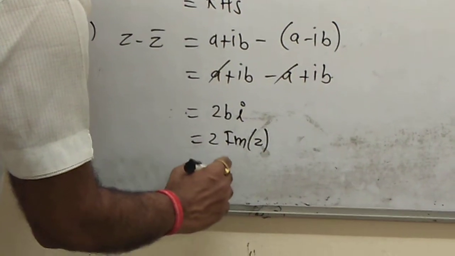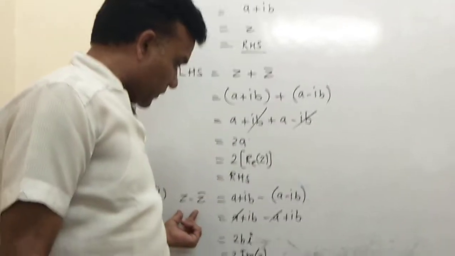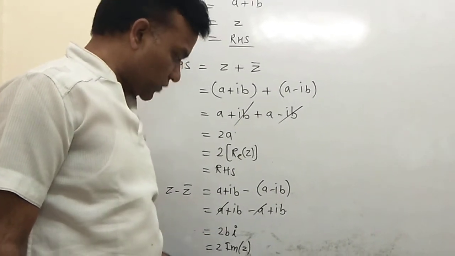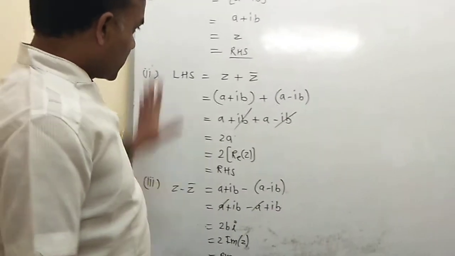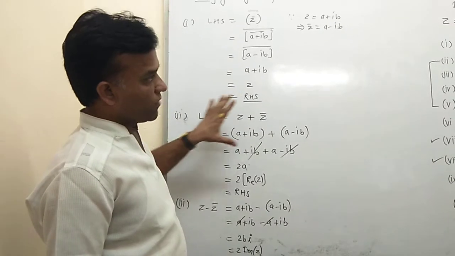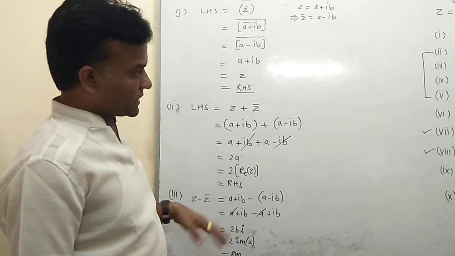This is the RHS. So with addition of a complex number and its conjugate you get 2 times the real part, and with subtraction you get 2 times the imaginary part. These 3 properties we discussed with the help of examples, using a plus ib and a minus ib.